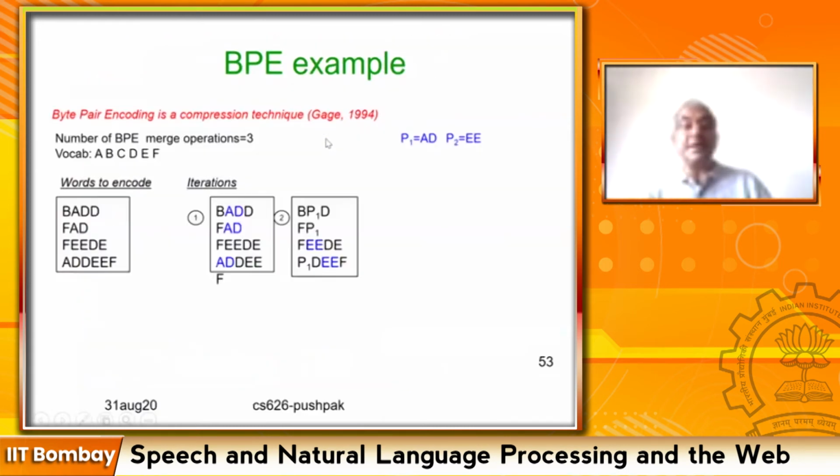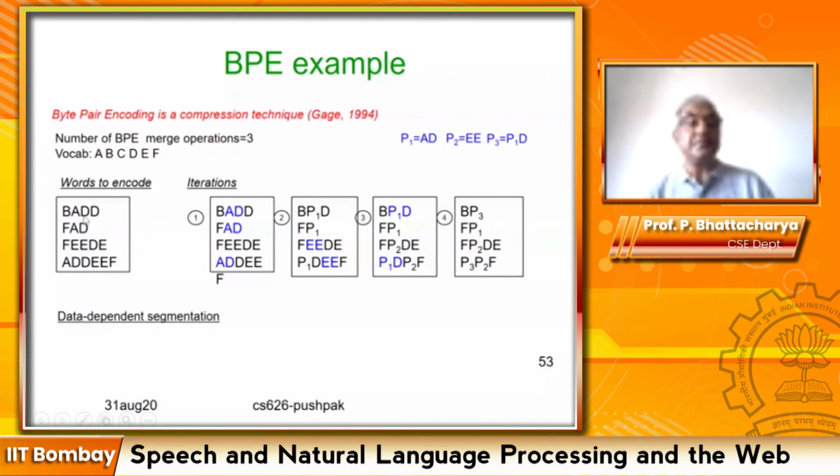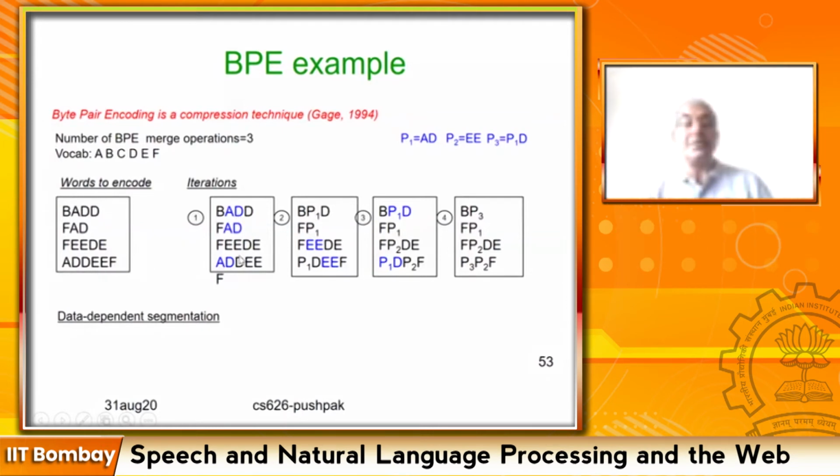And what byte pair encoding does is that it progressively merges, this is called the merge operation, two consecutive characters into a single character. Of course, the two consecutive characters should cross a particular threshold in terms of frequency. So this is my corpus. Here I see that AD appears 3 times, in the first, second and fourth string.